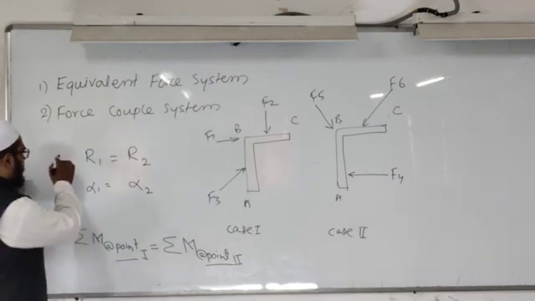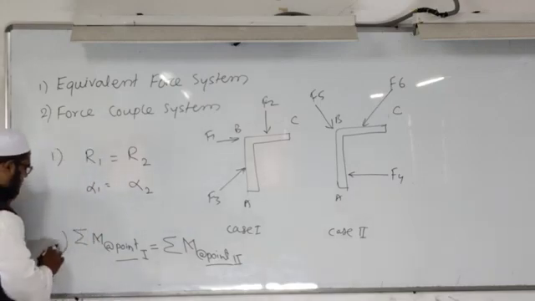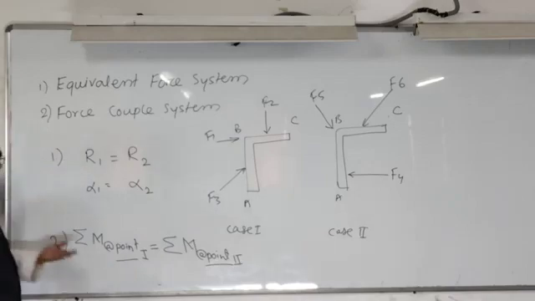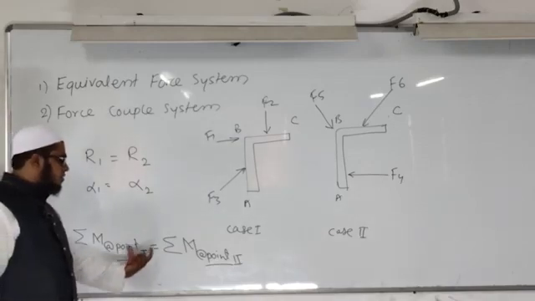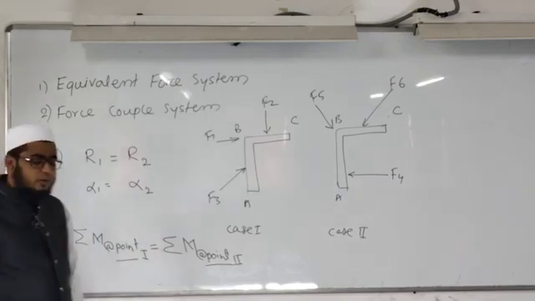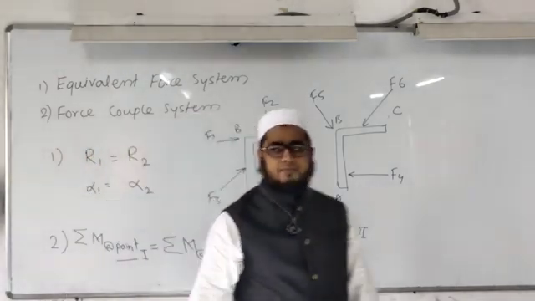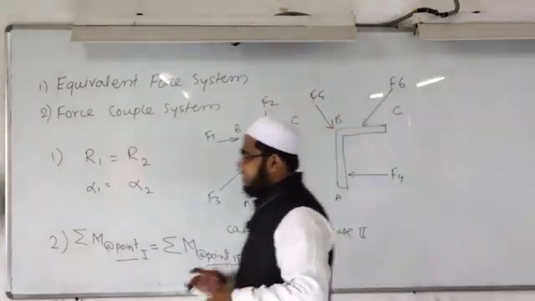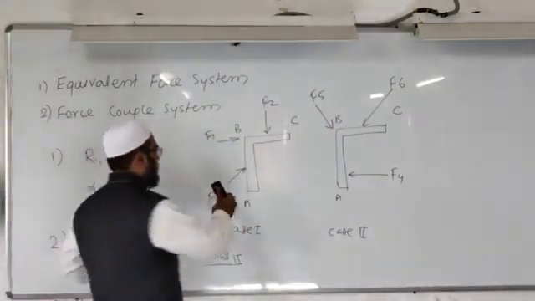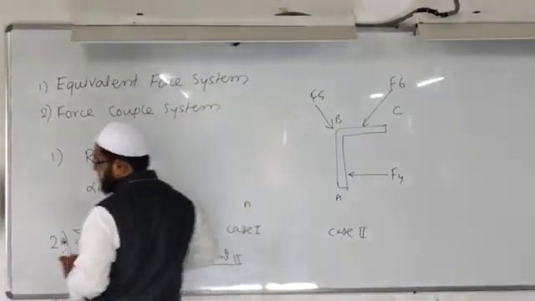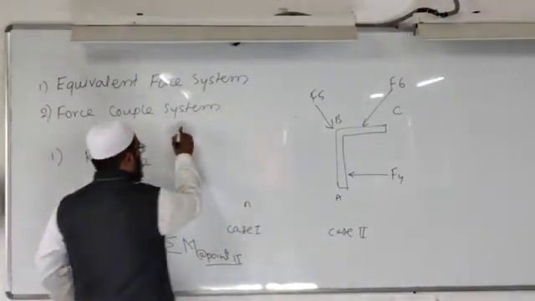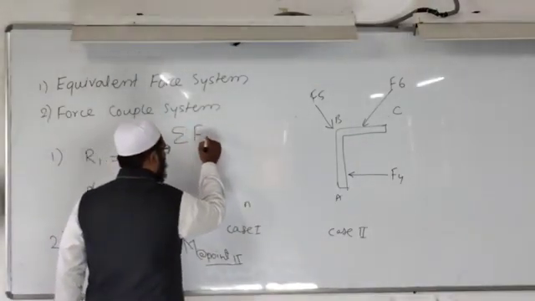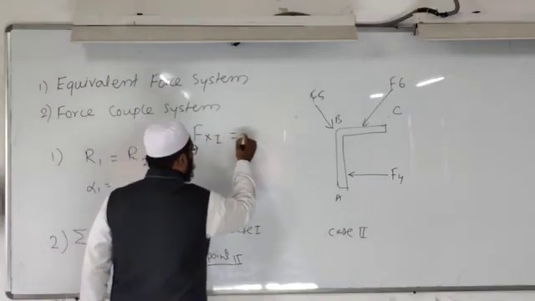Actually we have only two conditions: R1 equal to R2, and summation of moment about a point for the first force system must be equal to summation of moment about the point for the second force system. But we know that summation Fx and summation Fy are the horizontal component and vertical component of the force system.